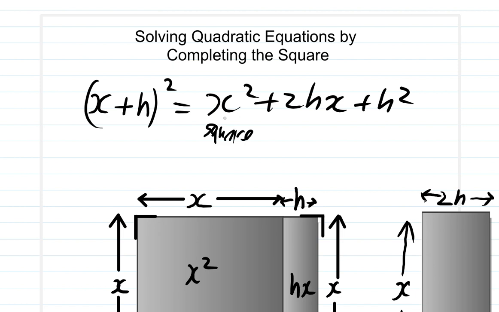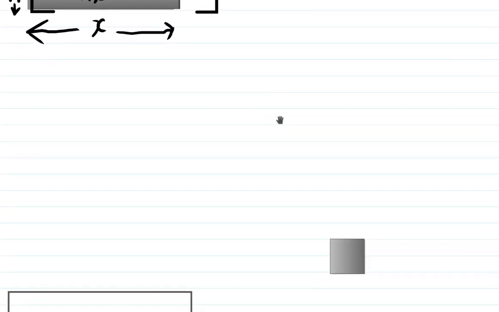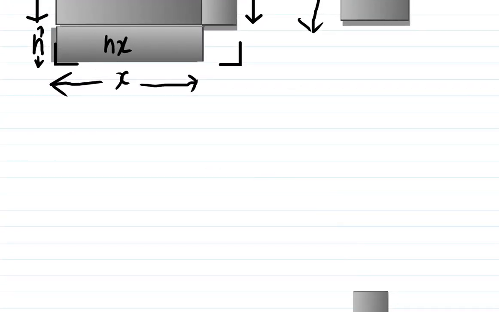The x squared represents a square. These represent two rectangles. But then this will be a smaller square. Now, where is that smaller square? I had already drawn it, and it is right here, and I put it right here.